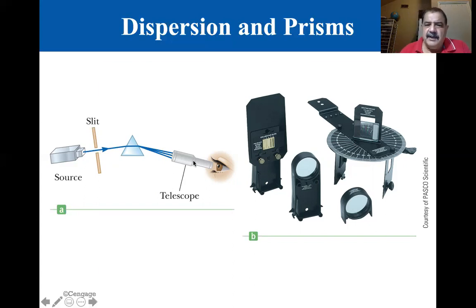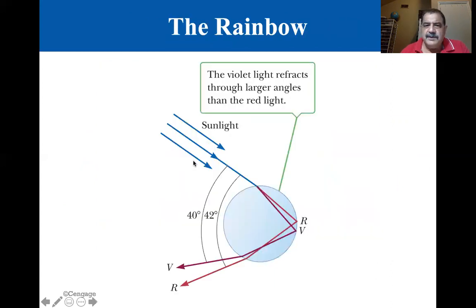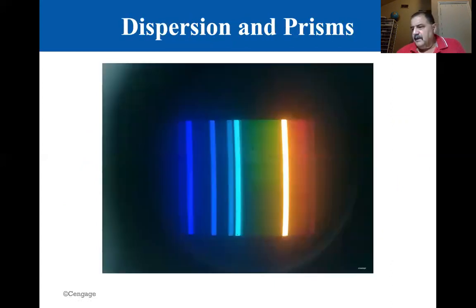Here's an example of this, a helium spectrum. If you were to look at sodium, it emits only 2 wavelengths. So here, this is an image of helium. This spectrum of helium.